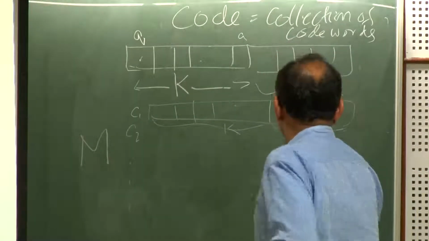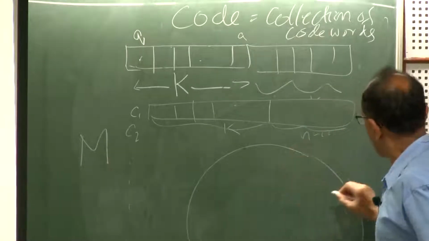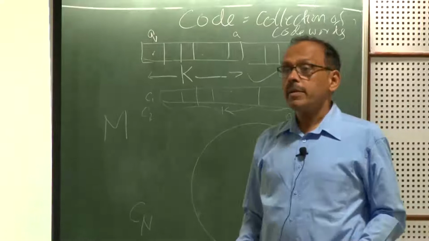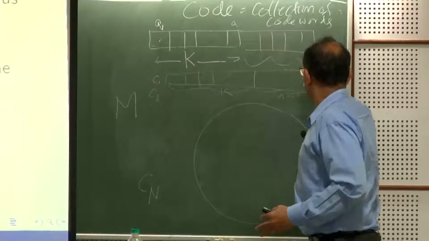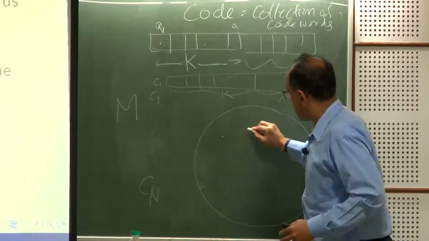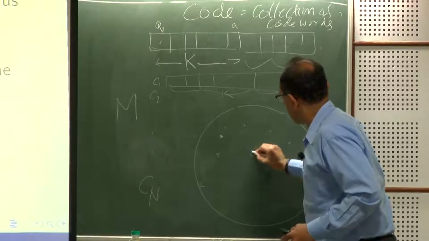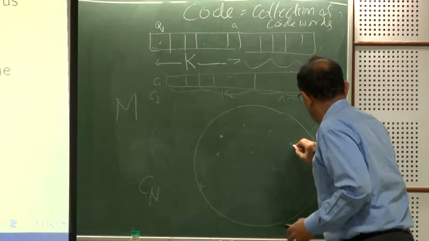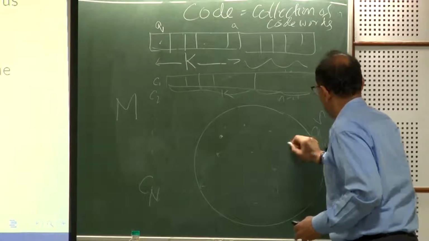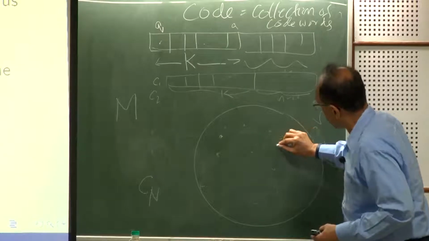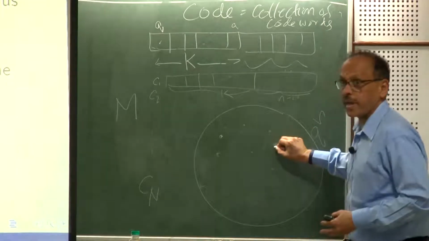So you have a space of q to the power n different vectors, because the length is n, and the code words are the special vectors inside that space, q to the power k of them. But when an error happens, it takes a particular code word to maybe another vector here.